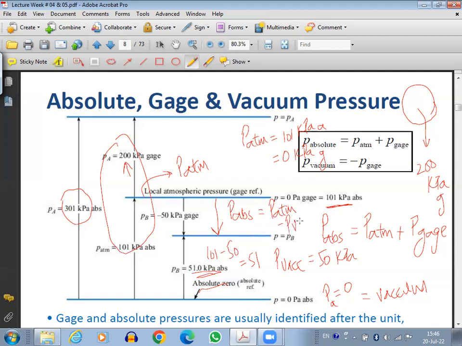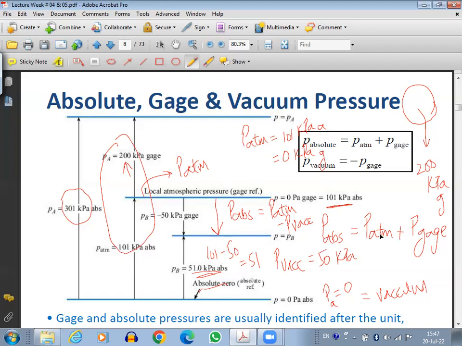So if the atmosphere was 101 and the vacuum pressure was 50 kilopascal, the absolute pressure would be 50 kilopascal below atmosphere, meaning 101 minus 50, which is 51 kilopascal. So now we have two equations here: P absolute equals P atmosphere minus P vacuum, or P absolute equals P atmosphere plus P gauge.